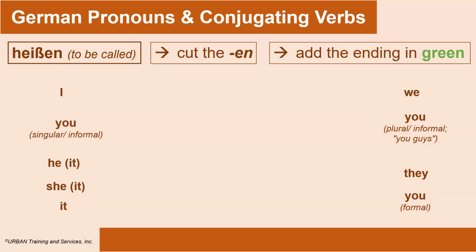Now, if you want to say I am called or my name is, you say "ich heiße." So what you learn from this is the German pronoun for I is ich, and we're talking nominative. Remember, there are four cases.